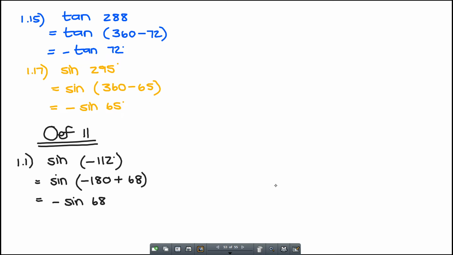And minus 180 plus that angle places me in the second quadrant. Nee, third quadrant, derde kwadrant. En in die derde kwadrant is sin negatief. So that's why I have negative sin 68. You guys good with that? Kan ek maar skip?